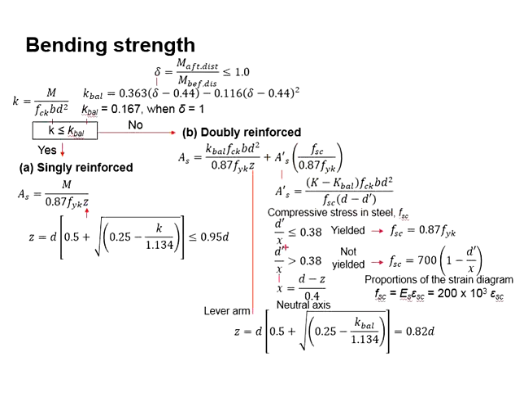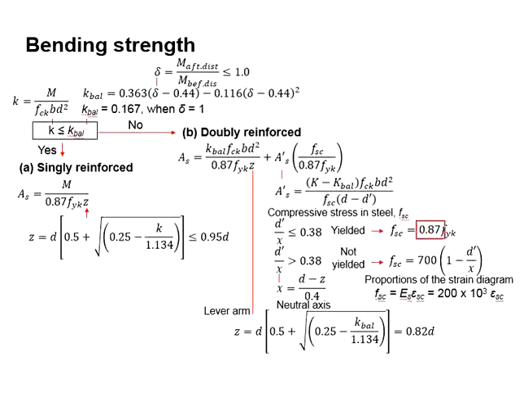Next, you will need to check whether your compression steel bar has yielded or not. Check the ratio of D prime per X, whether it is more than 0.38 or less than 0.38. If you found that the compression steel bar has yielded, the stress in the compression steel bar will be taken as the specified yield strength, which is 0.87 FYK.